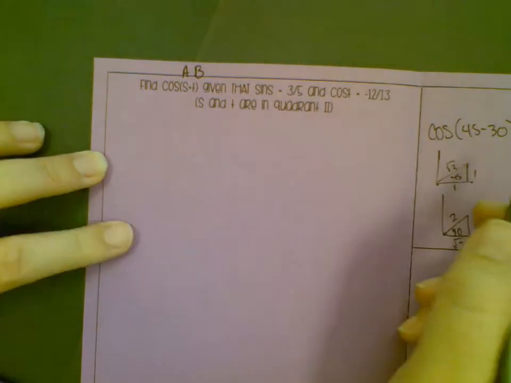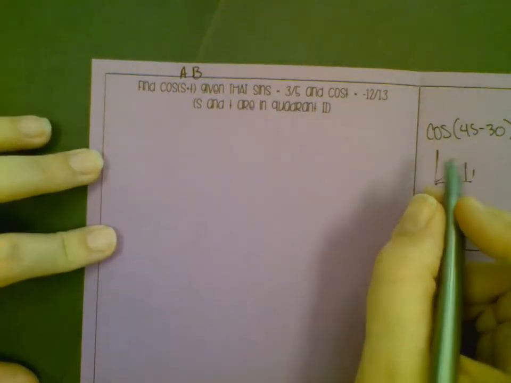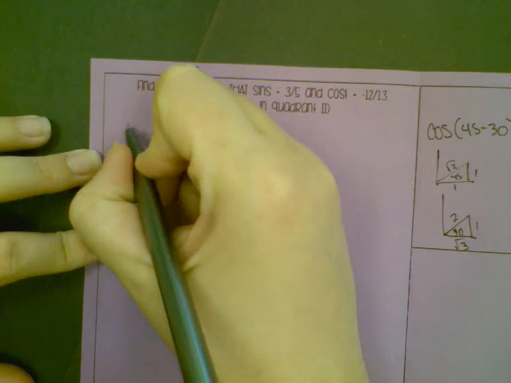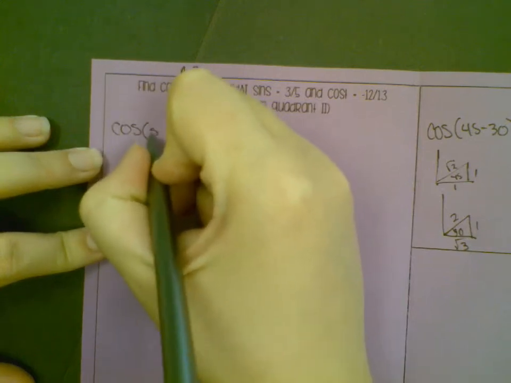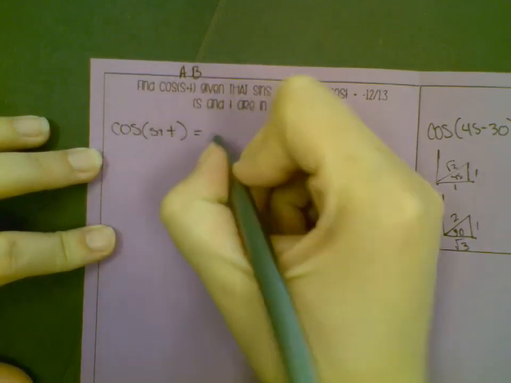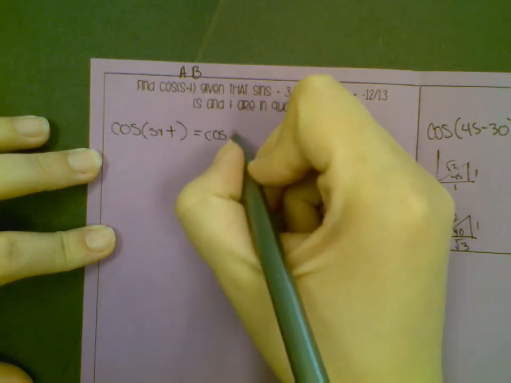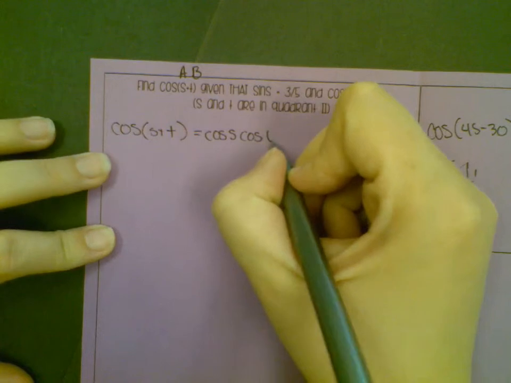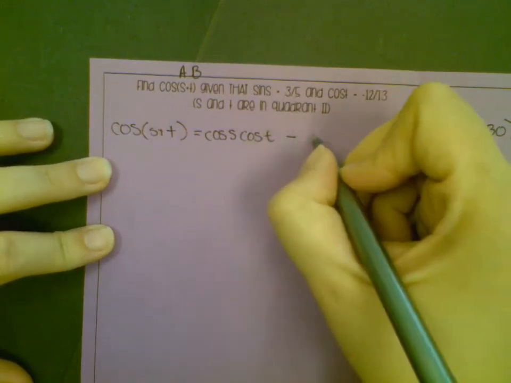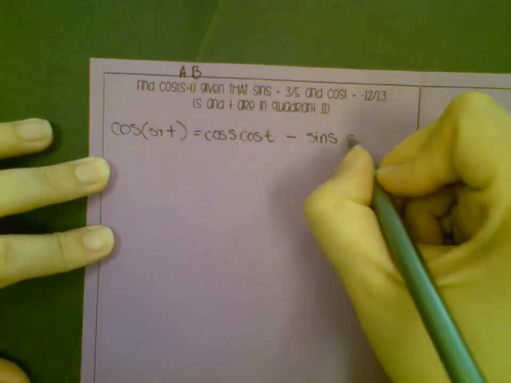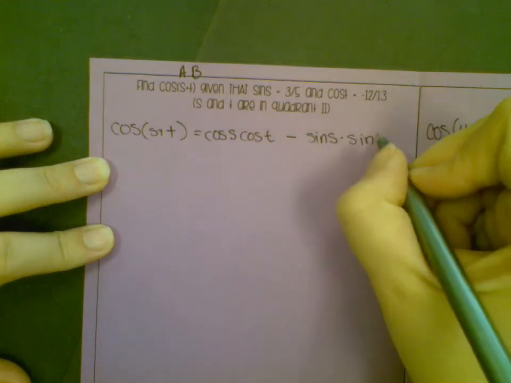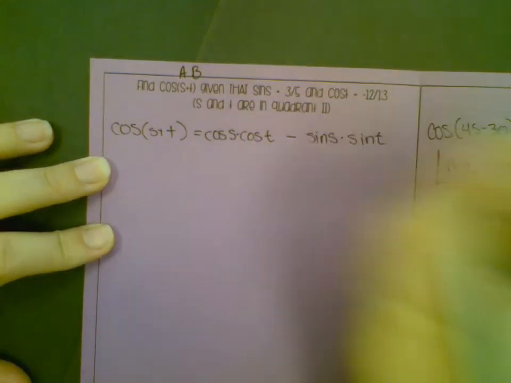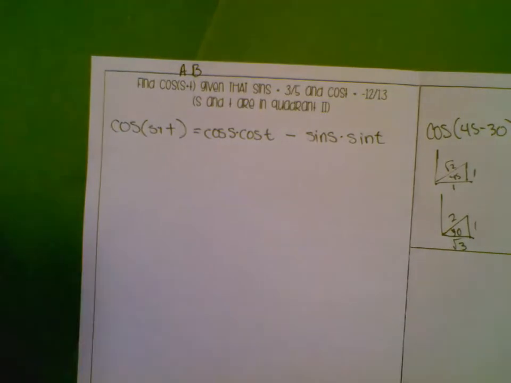Cosine of s plus t, or a plus b, would be equal to the cosine of s times the cosine of t minus the sine of s times the sine of t. So we just need to plug in what we have and then simplify that.